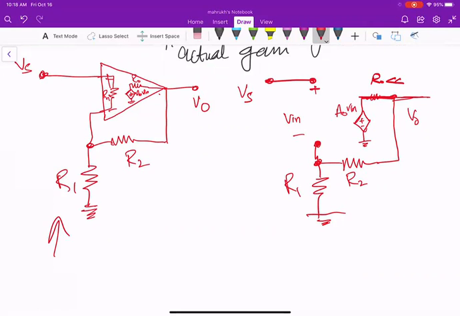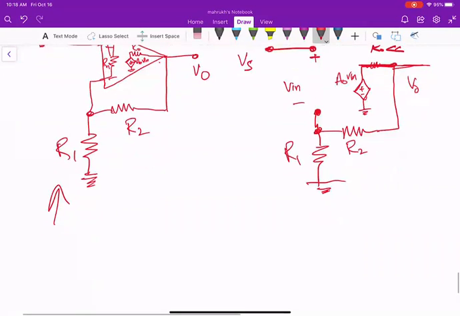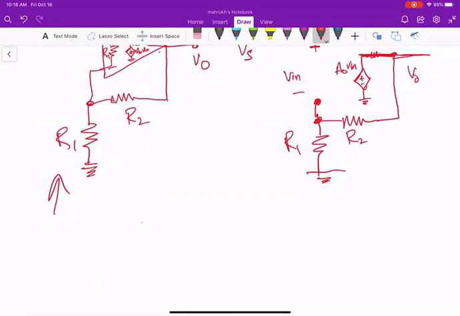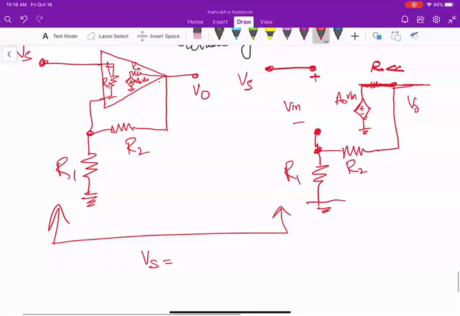Okay, so I know that VS. One more thing I want to define here is V1. So V1 is equal to R2 by R1 plus R2 into V naught.